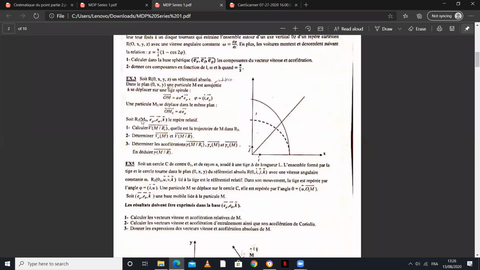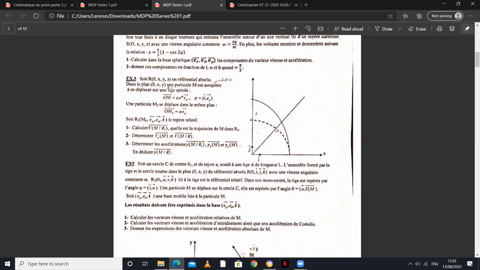Then they told us soit R1 with center M0. So the center for M0 for R1 is here on M0 and it's with the base E rho, E phi and K. Le repère relatif. I explained this to you guys. Repère relatif, repère absolu. So repère absolu is R, O, X, Y, Z, this one here. And then we have un repère relatif.